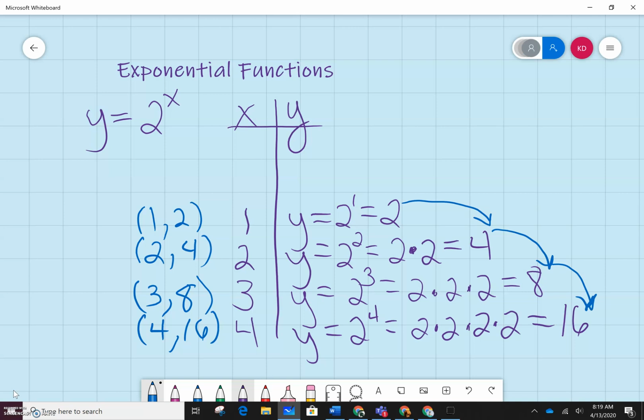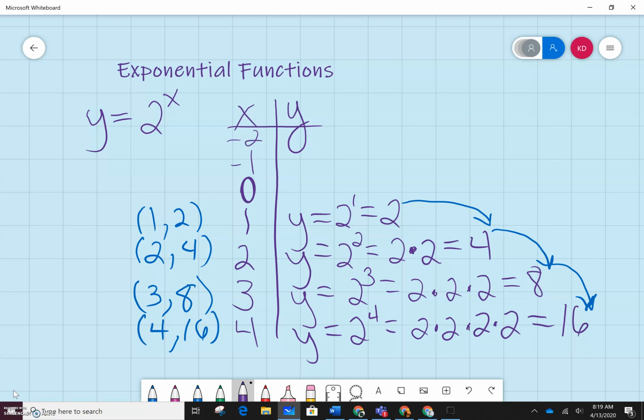And so that's important to know because we can also use exponents of 0, and we will have to use the exponents 0 and a couple of negatives. So I will choose -1 and -2 to put in here.